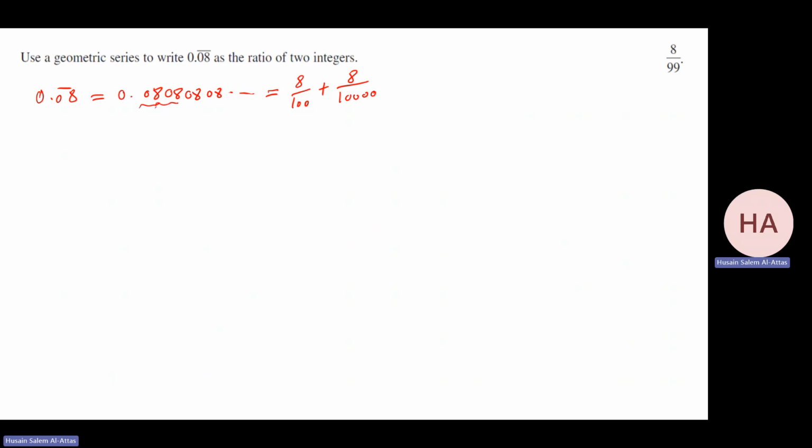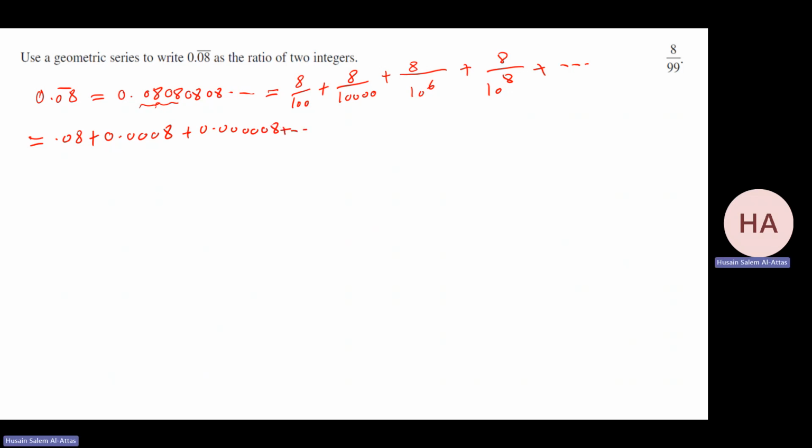Now this one, yeah, plus 8 over 10,000, plus 8 over 10 to the power 6, plus 8 over 10 to the power 8, plus. Actually, you can write this as 0.08 plus 0.0008 plus 0.000008 and so on, which is this one.